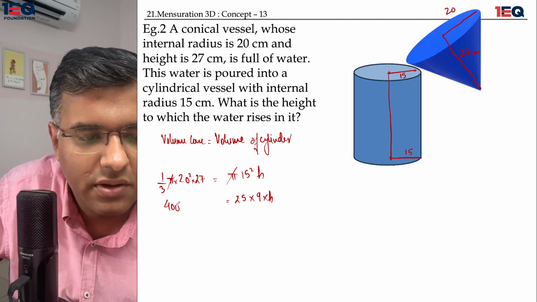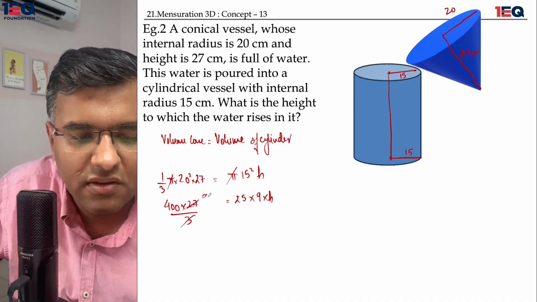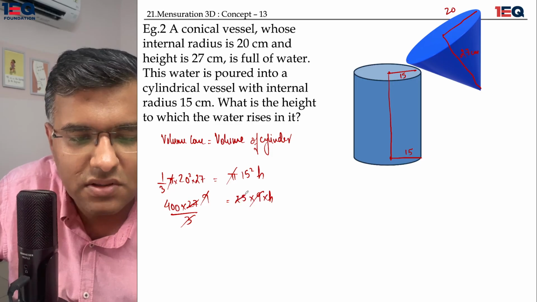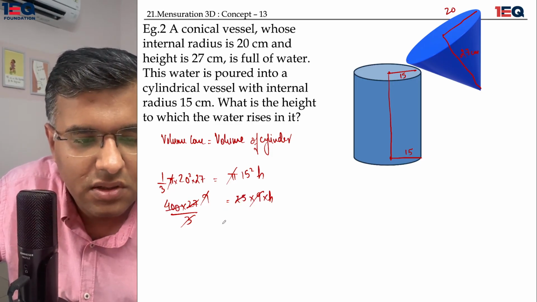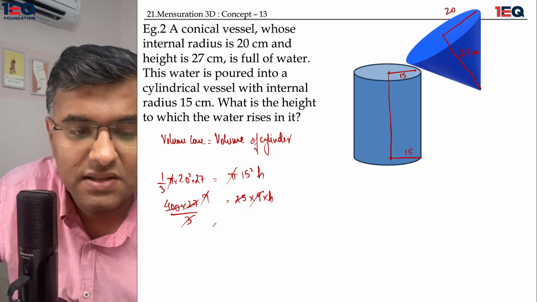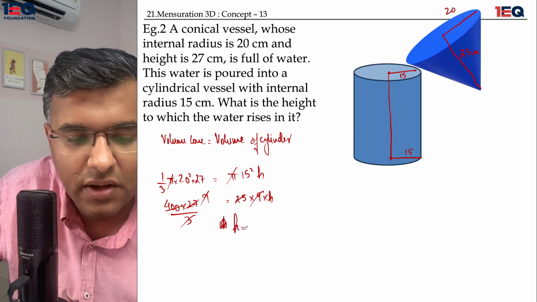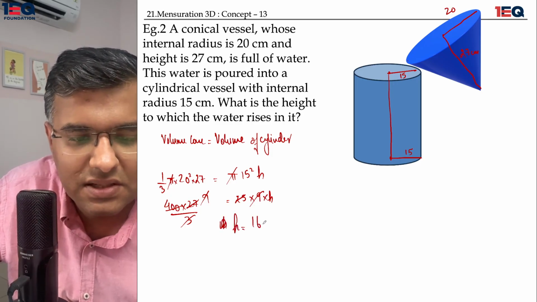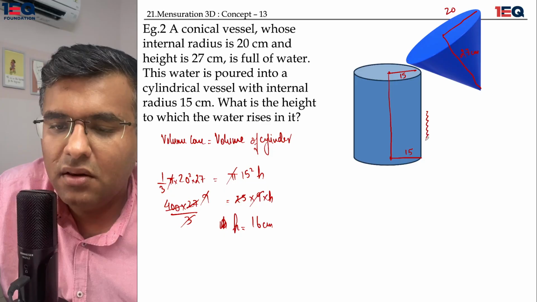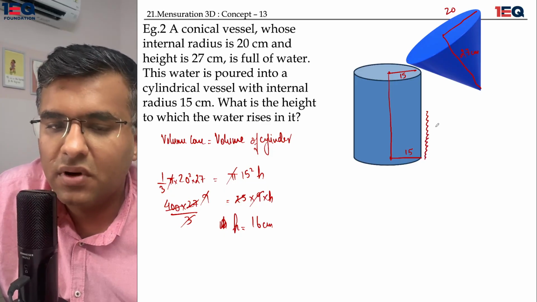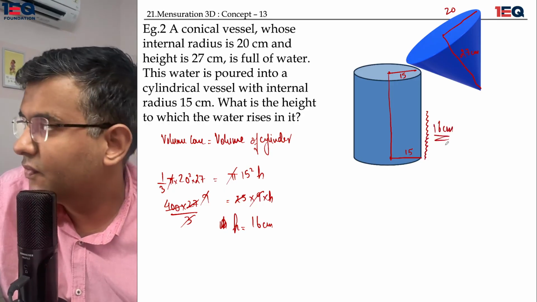This is 400 into 27 upon 3. This becomes 9, 9 is gone, 25 4s is 100, 25 16s is 400. So the value of h that we are looking at is 16 centimeters. So the height till which the water would rise would be 16 centimeters.